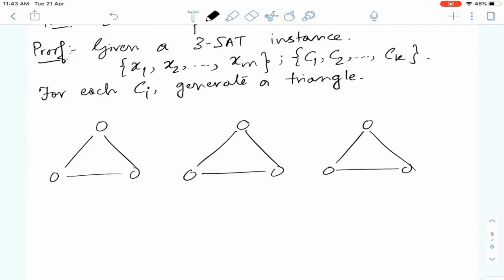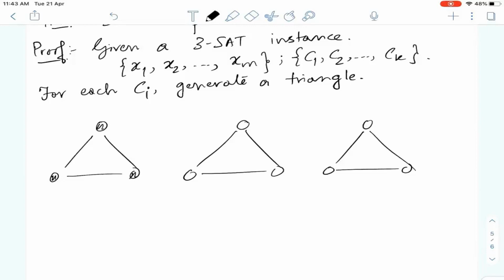The reason that I'm using this triangle is that in a triangle, the independent set is really one. You will see why this is useful. Good. Now I will assign some labels to these things. So let me take an example.